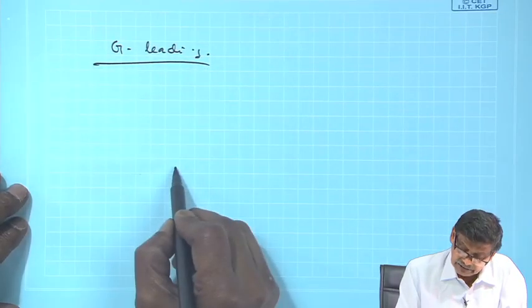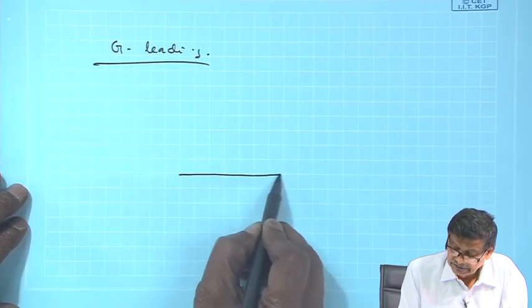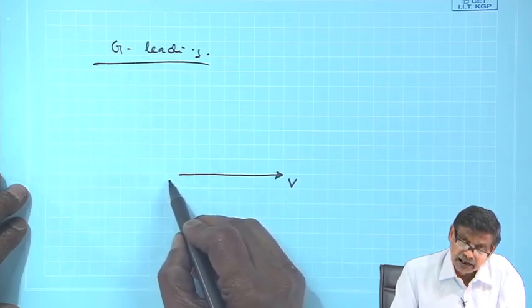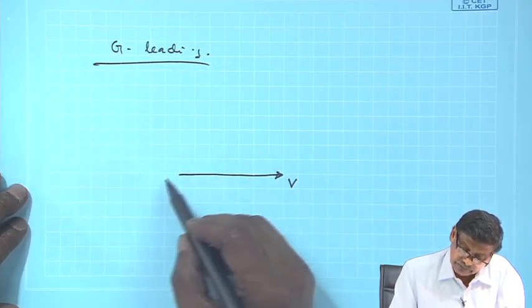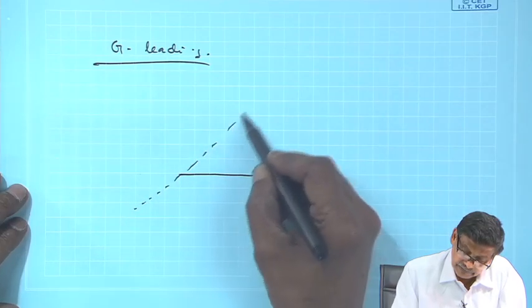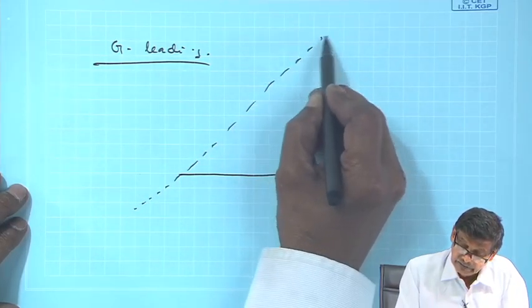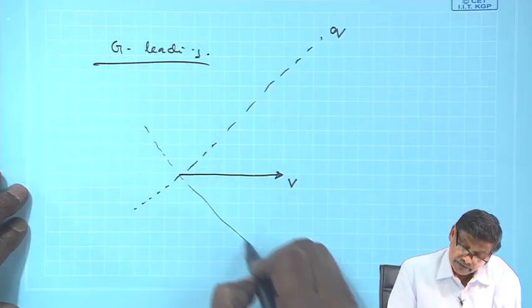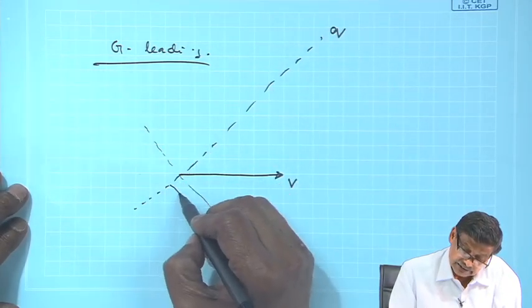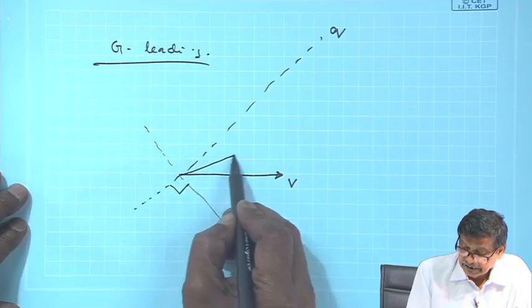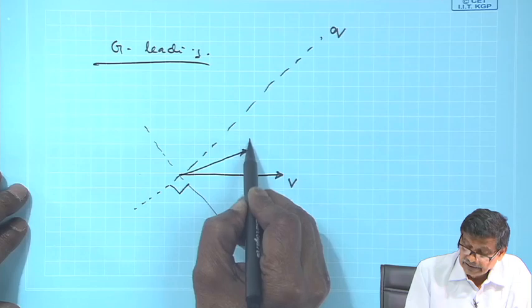So, a typical thing will be, this is V, your E f will be above it. Suppose this will be E f, the q axis, this will be your d axis, and this is 90 degrees, and then suppose this is your I a.